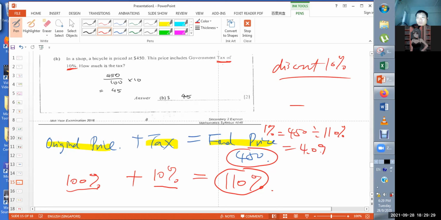Okay. So that means 1% is 4.09. Then they want how much is the tax? Tax is 10%. So 10% is how much? 1% is 4.09, so 4.09 times 10. So 40.9.